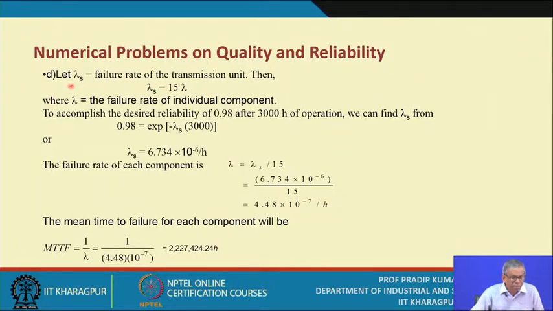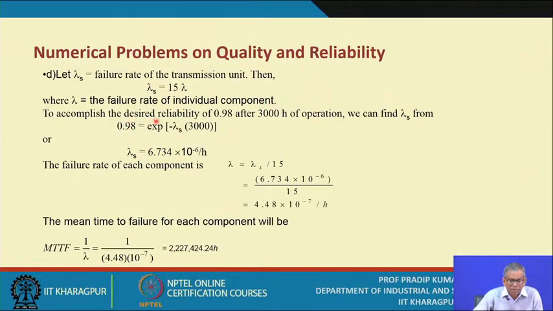Now for the next question, assume that lambda is equal to the failure rate of the transmission unit. That means the transmission unit is considered to be the system. That's why we say it is lambda subscript s. So lambda subscript s is 15 into lambda, while lambda is the failure rate of the individual component.